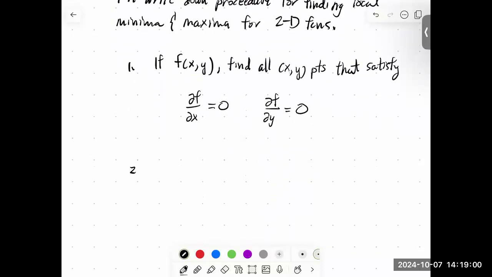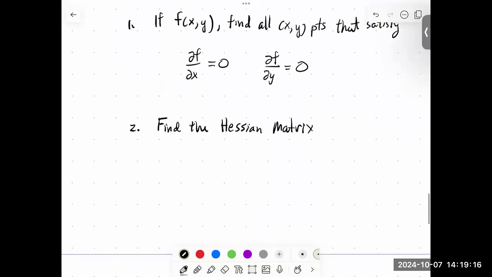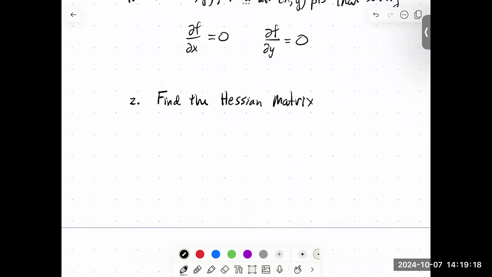Okay, and so here's the part that I didn't know, and I'm not going to prove any of this to you. There's something called the Hessian matrix. Is this something that you've ever come across? You've seen it? Okay, so the way this matrix is defined is H is two derivatives of f with respect to x, and then the second derivative, one with respect to x, one with respect to y, and the same thing over here.